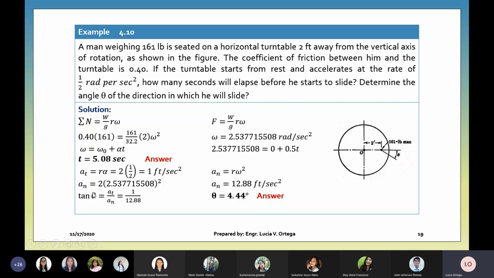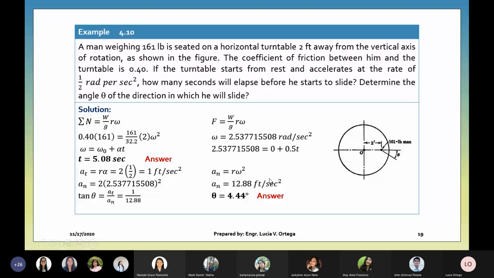So another equation for theta: we solve for tangent theta, which is the tangential acceleration divided by the normal acceleration. So that is 1 over 12.88. And solving for theta, that is 4.44 degrees. So here we just make the correction, it should be RW squared. Okay? Because this is normal, so we use normal acceleration.